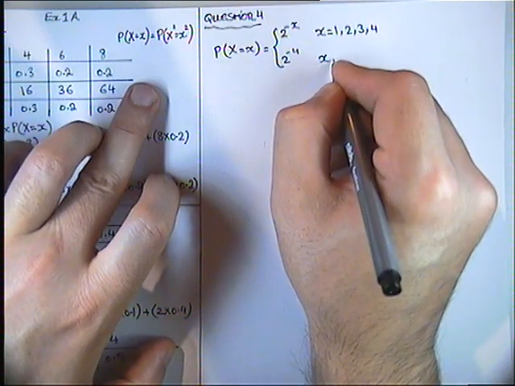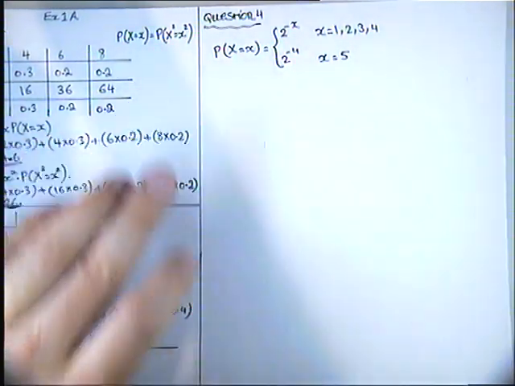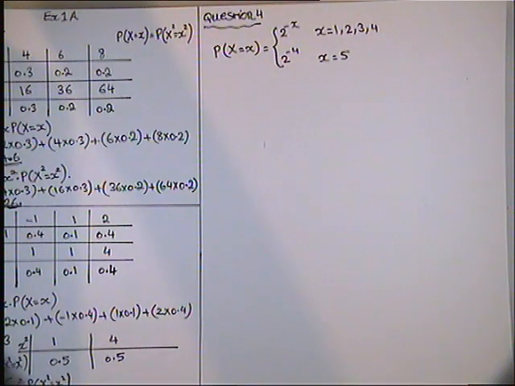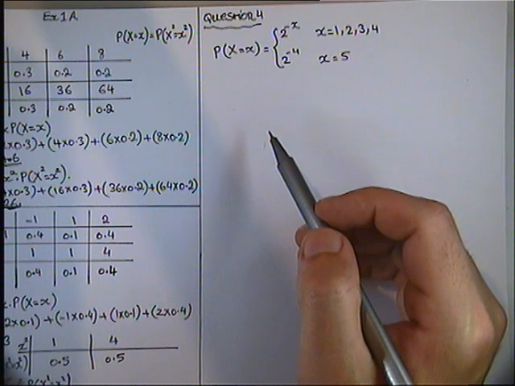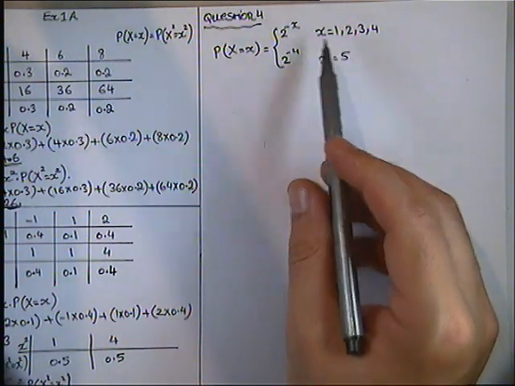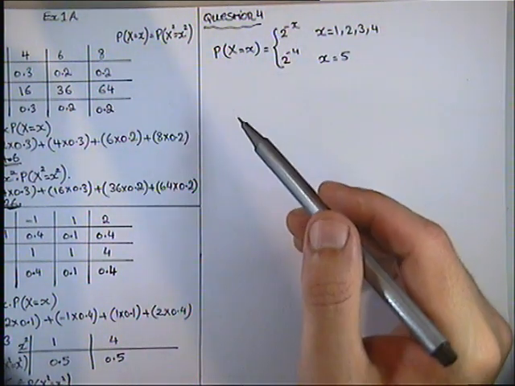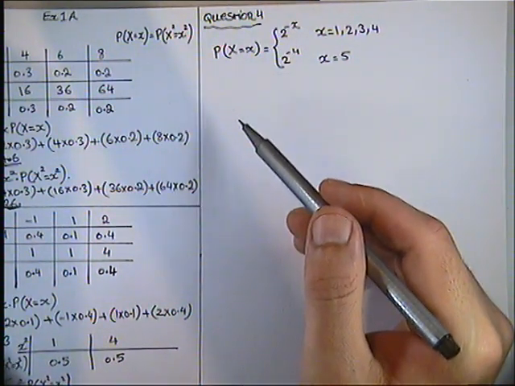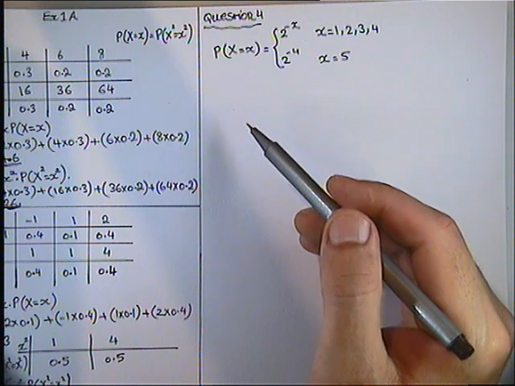Okay, x equals to 5, the probability would be 2 to the minus 4. Okay, so the probability of, for example, outcome of 1 is 2 to the power of minus 1, or 1 over 2, which is half, and so on.